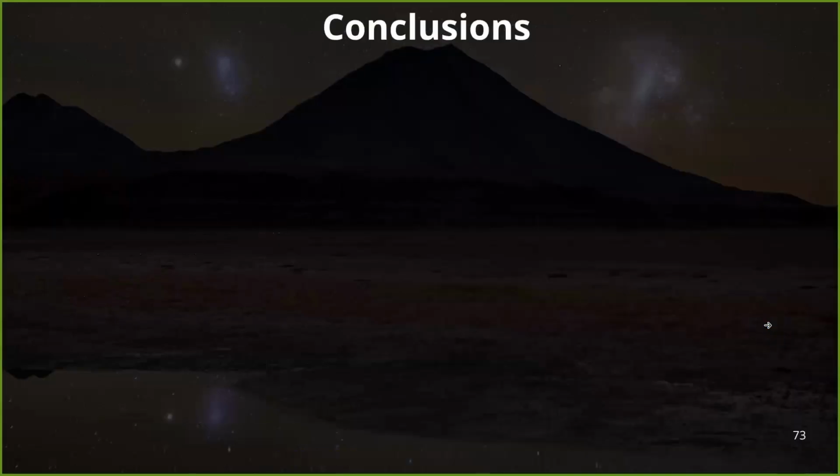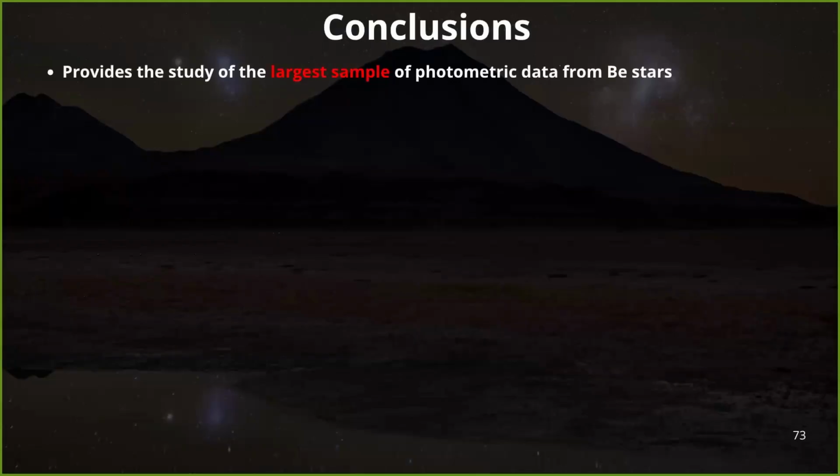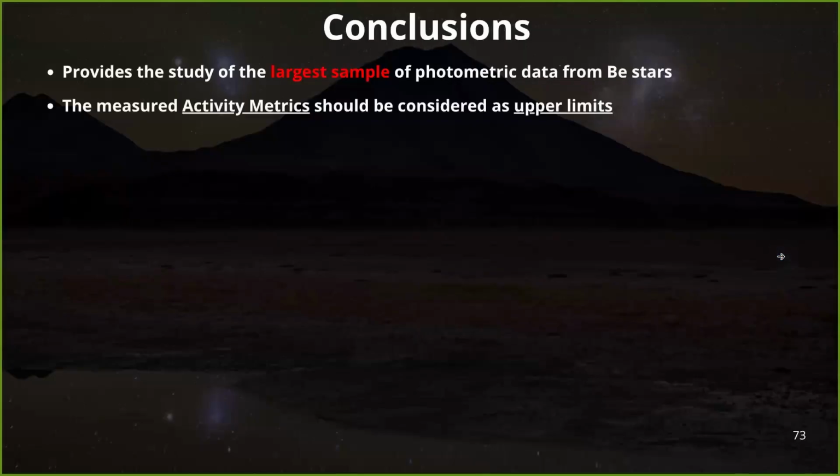So my final remarks are that this study contributes with the largest sample of photometric data of B stars. We have more than 1,500 stars with more than 20 years of light curves covered in the sample.